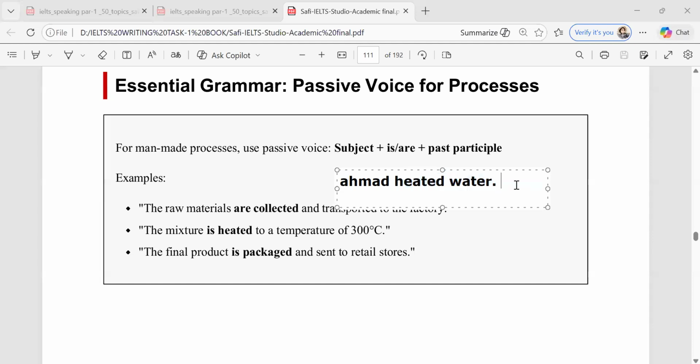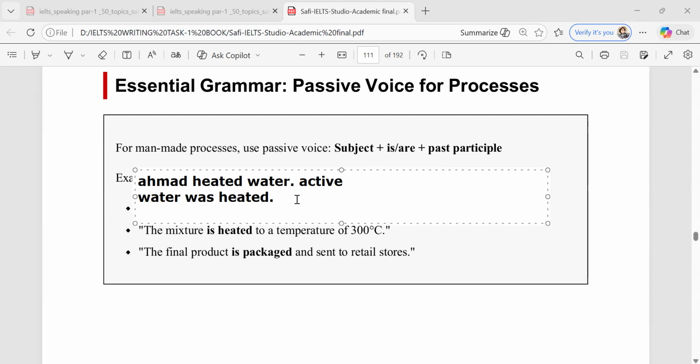So that's why we switch, and we prefer using passive, not active. How can we change to passive? Water is heated. It's in the past, so we will say water was heated. Here, we didn't mention who heated the water, because we are interested in heating water, not who heated it. So make sure that in a process diagram, we solely use passive voice.